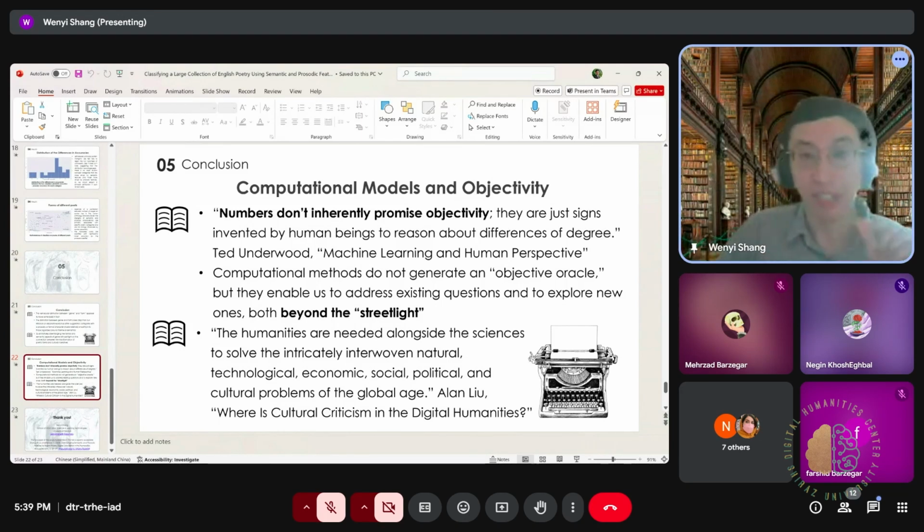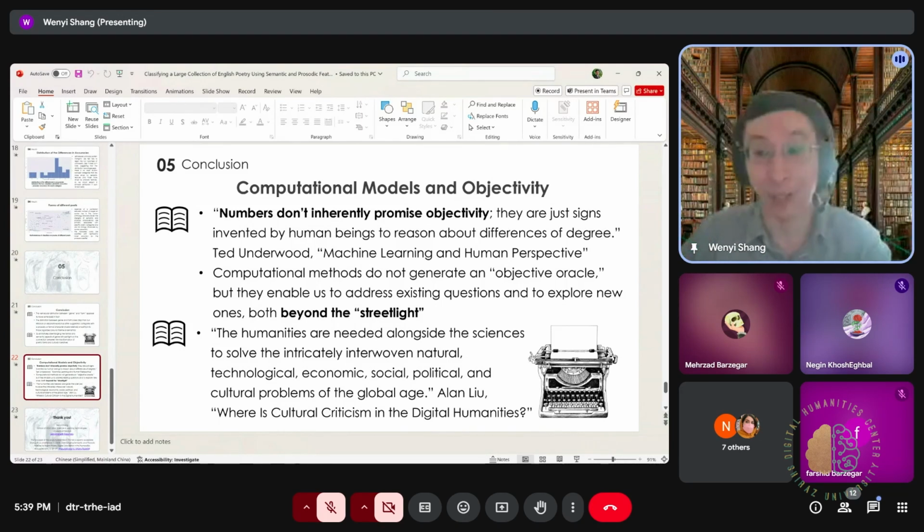So we quote my advisor and co-author Ted Underwood's point that numbers don't inherently promise objectivity. Rather, they are signs invented by human beings to reason about differences of degree. So in our case, we are not using machine learning models to reach an objective conclusion, a natural law of what is genre and what is form.